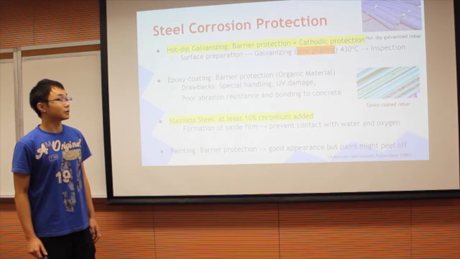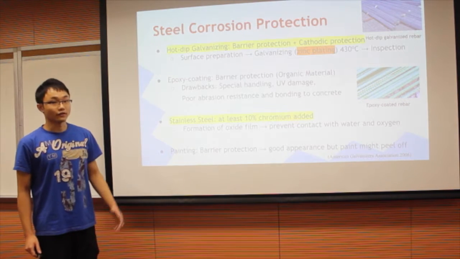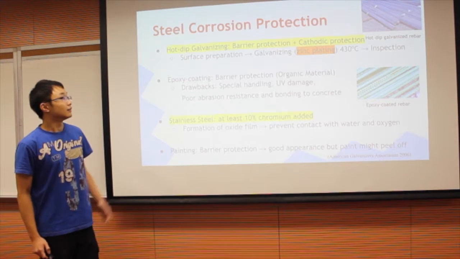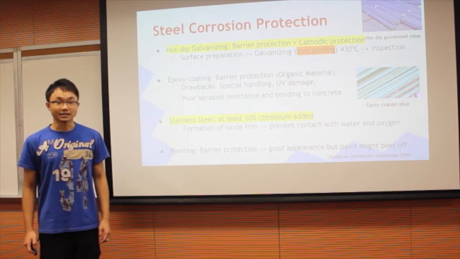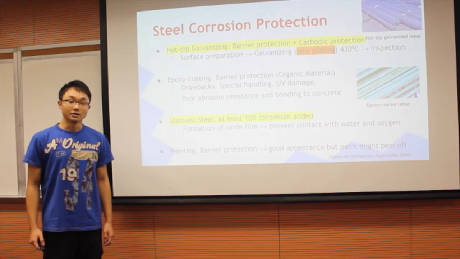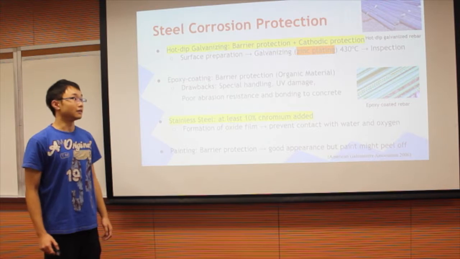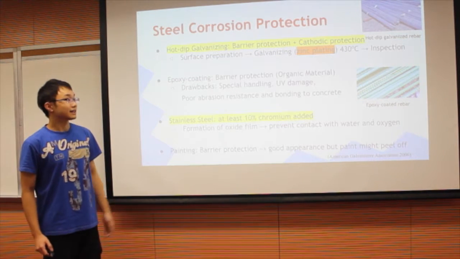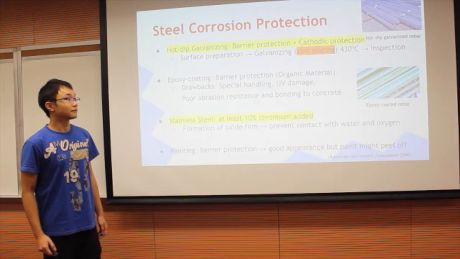It provides barrier protection and cathodic protection to the reinforcement bar. Through galvanizing, the zinc can preferentially lose electrons because it is a higher reactivity metal, and the iron of the steel would be less likely to face corrosion.